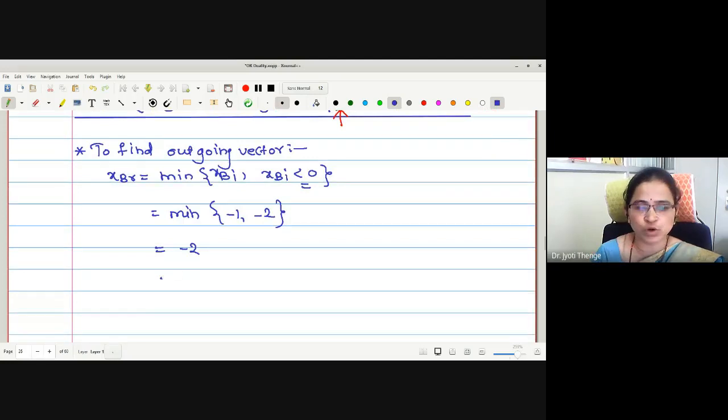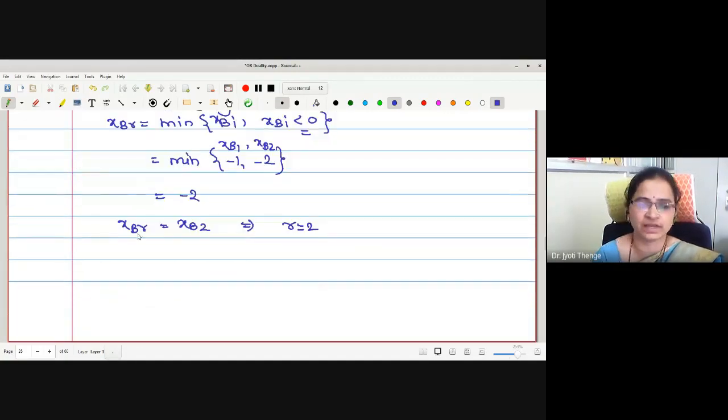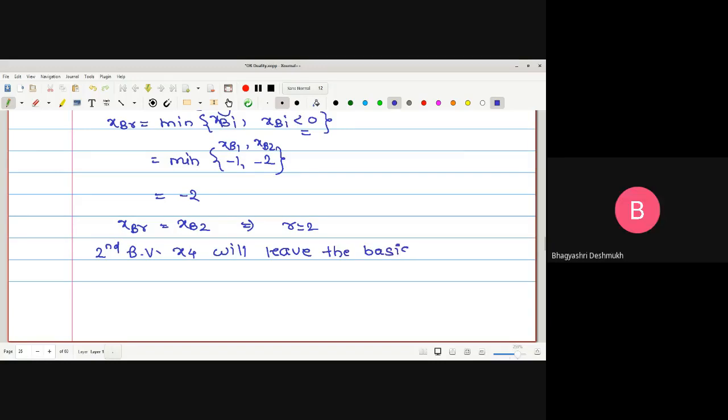And minus 2 corresponds to the second basic variable, no? This is XB1 and XB2. Therefore, what is the value of R we got? R is 2. Therefore, the second basic variable will leave the basis. Correct? Are you getting me now? Yes, ma'am.